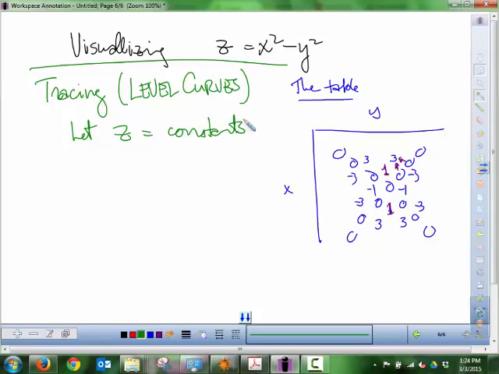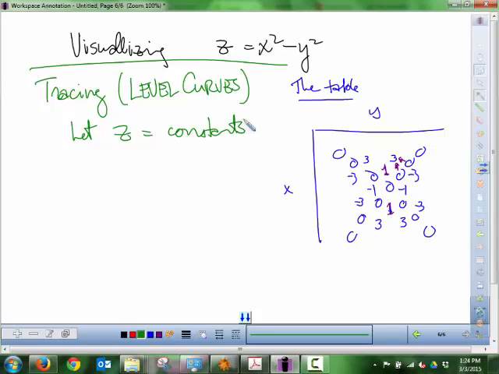Okay? So that means you have this graph. A level curve is a plane cutting the surface, a plane that's parallel to the xy plane. A level curve is the curve that results when you cut a plane that's parallel to the xy plane.